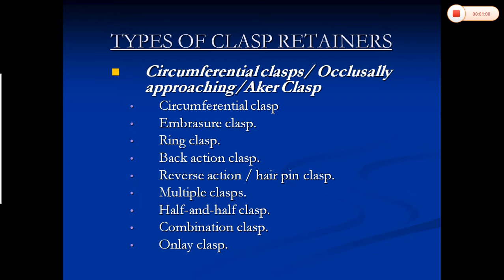The basic design will be the same for all. Depending on the situation of the survey lines, the tooth position, the edentulous area and the area of undercut, the design of the circumferential clasp will change. So depending on the design, the name is given to each clasp.